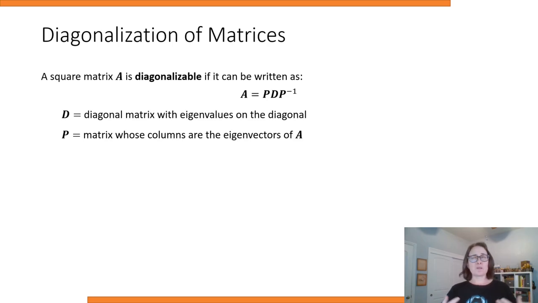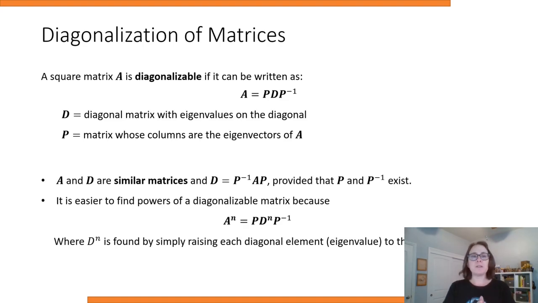And if you're wondering why would I ever want to do this, well, it actually makes something that we haven't talked about with matrices a little bit easier, or actually a lot easier. We've never tried to take a matrix A and raise it to a power. But if I can diagonalize the matrix, it makes doing that multiplication much, much easier.